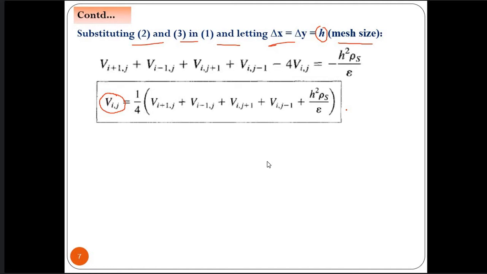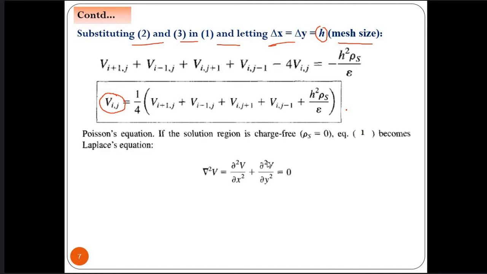Now, if you consider the solution of Laplace equations, going from the Poisson's equation to Laplace's equation means it is only for the charge-free region. So in equation 1, if you put rho s equal to 0, as that is the charge-free region, that will be the solution of the corresponding Laplace's equation.